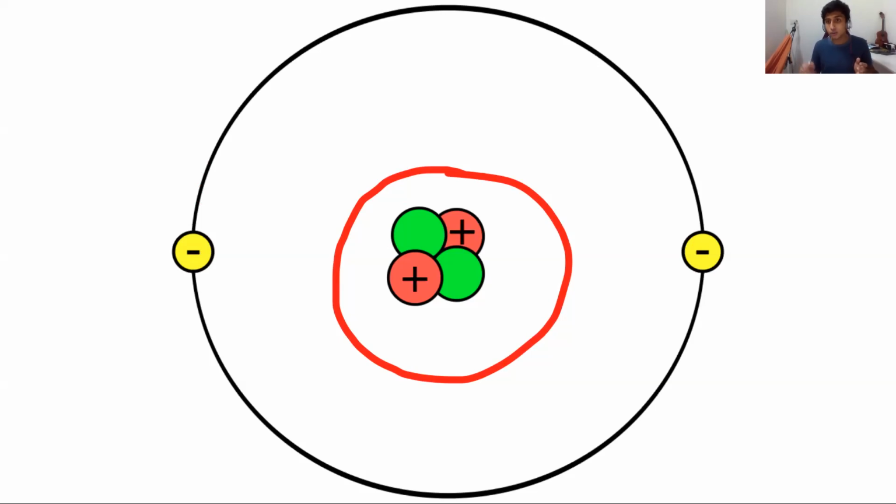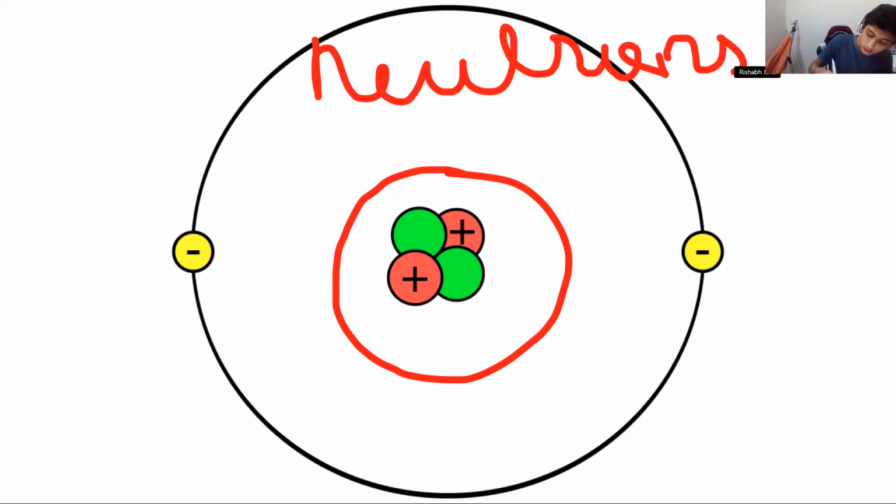Anyone else? Two answers, neutral and negative. Okay, that's right. Sean is right, a few others are right. So contrary to popular belief, neutrons have no charge.